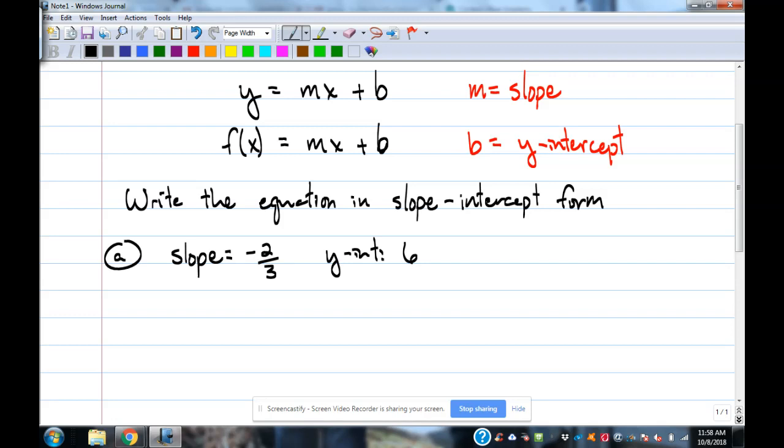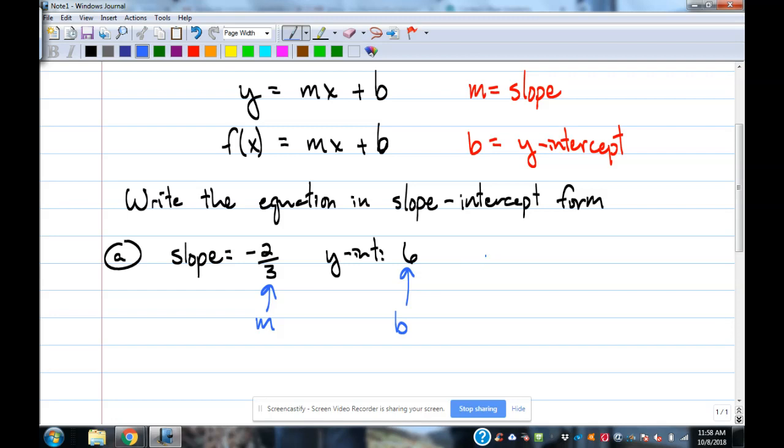Given the slope and the y-intercept: if you're given the slope, that's m. If you're given the y-intercept, that's b. Slope, m. Y-intercept, b.